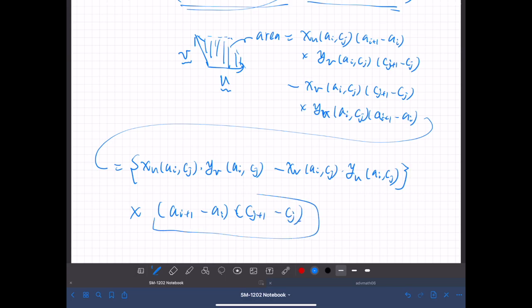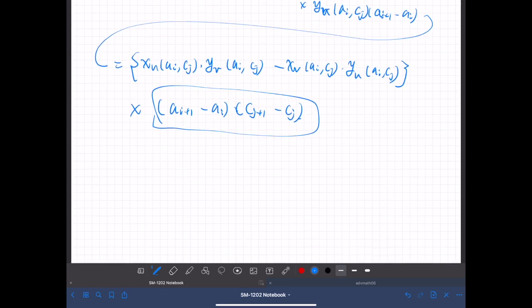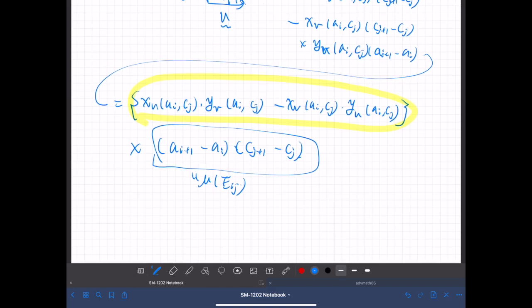So this part is the area of E_ij. And this part is the Jacobian.